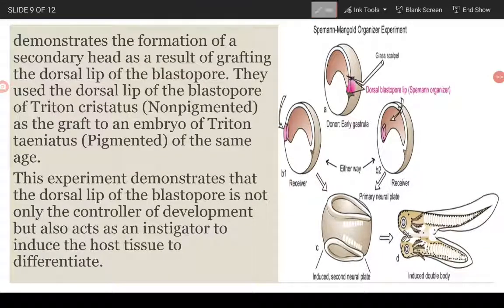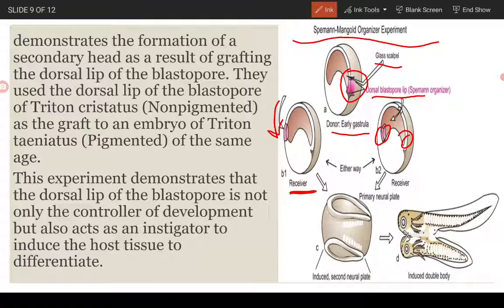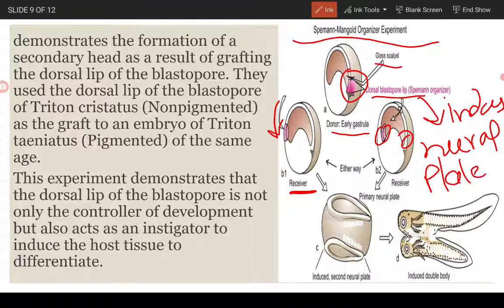Let's review this experiment of the Spemann-Mangold organizer once again. They cut out the dorsal blastopore lip from one embryo and gave it to a receiver embryo, another embryo. So this receiver now has two blastopore lips, and we know that the blastopore lip induces the formation of the neural plate.